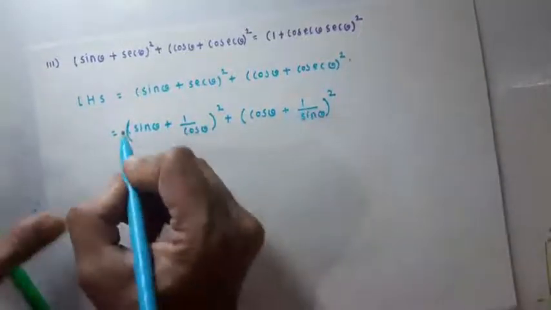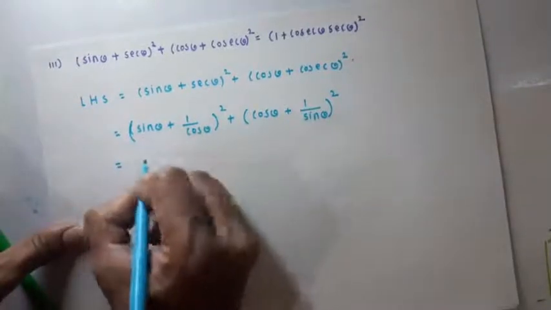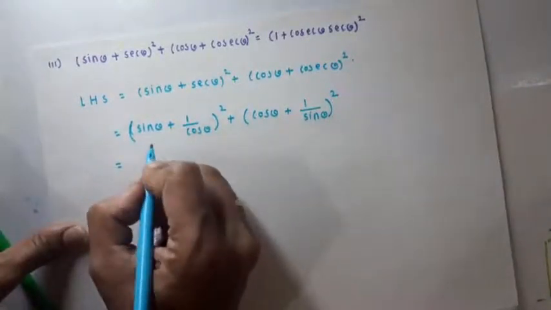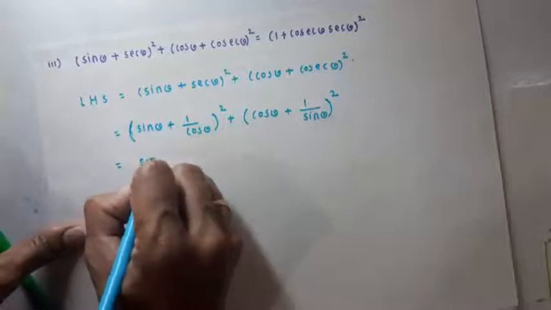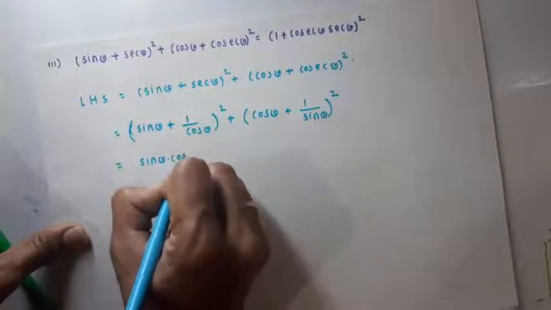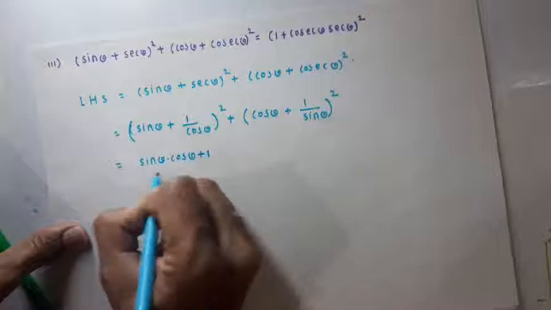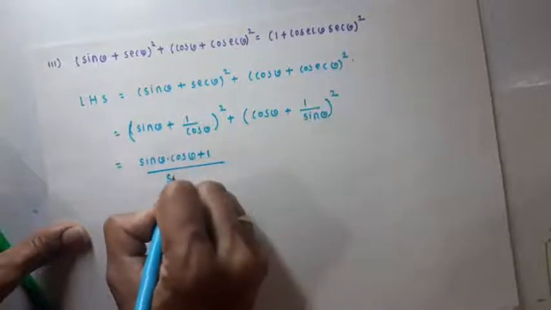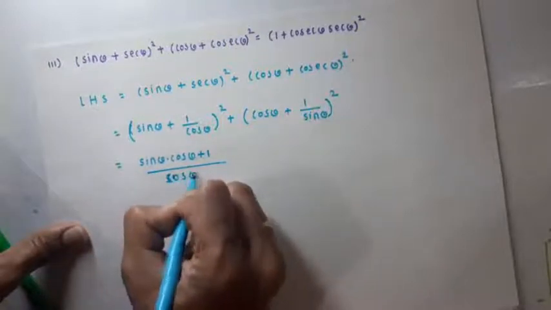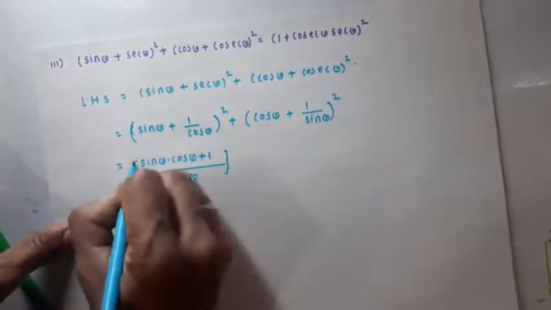Now let us take LCM in the first bracket. The LCM is cos theta, and this is (sin theta cos theta plus 1) upon cos theta, and that is whole square.